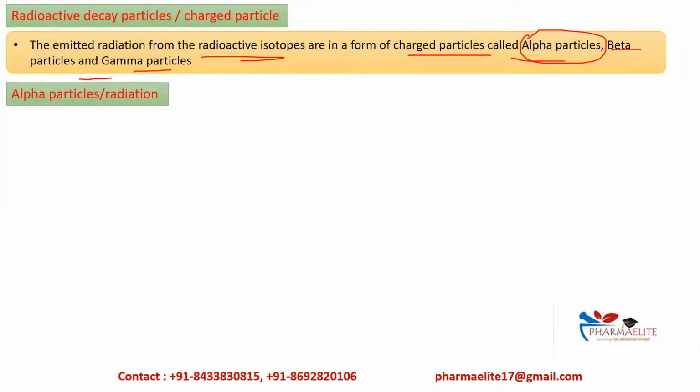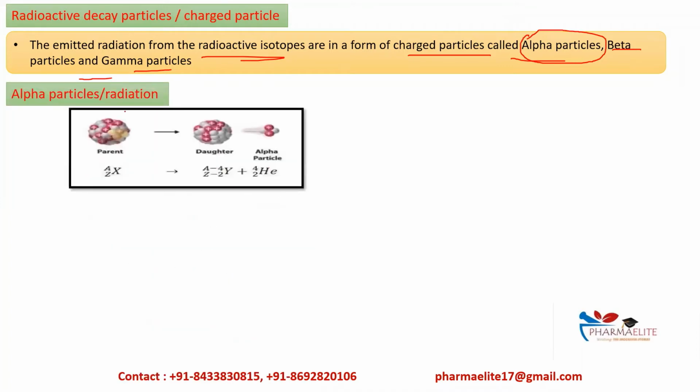Alpha particles or radiations. Okay, so you can see over here, this is an unstable nucleus which will undergo radioactive decay and form a stable nucleus, and we will also get an alpha particle in the alpha decay mode.